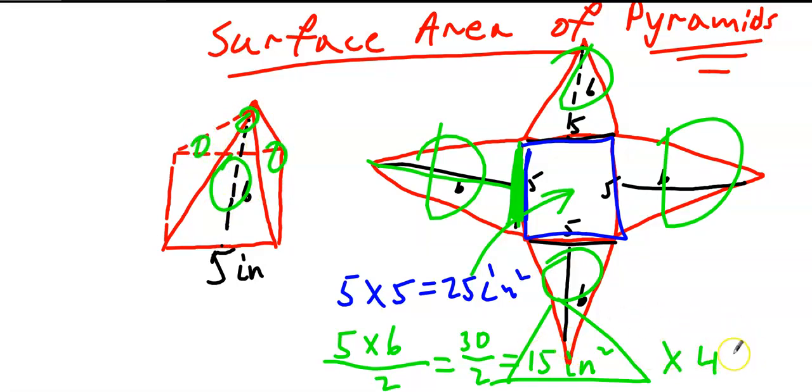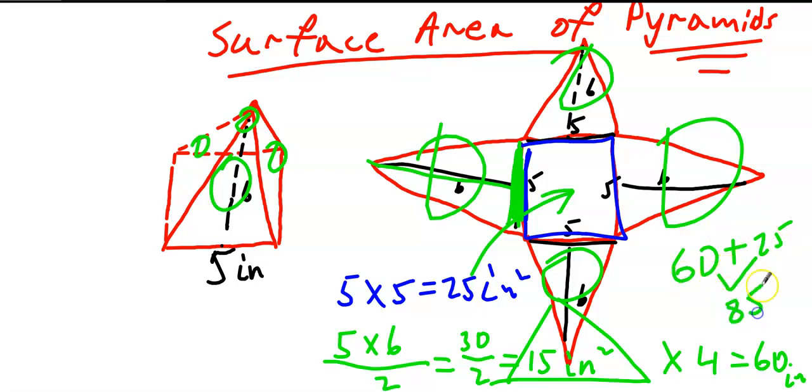So 15 times 4 is 60 square inches. So the triangles are 60, and the square on the bottom was 25. 25 plus the 60 gives us 85 square inches. So the overall surface area of this pyramid would be 85 square inches.